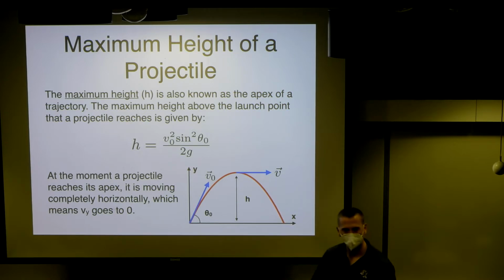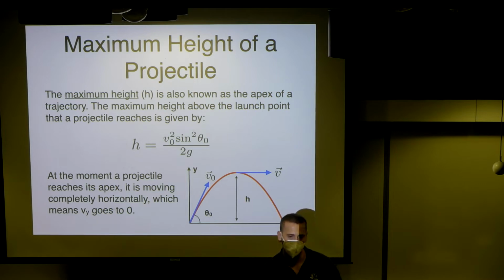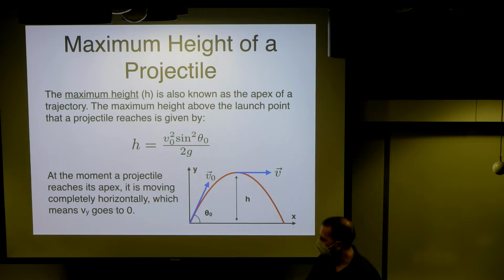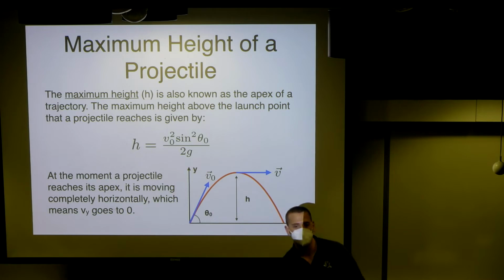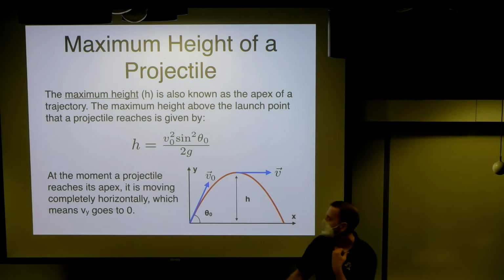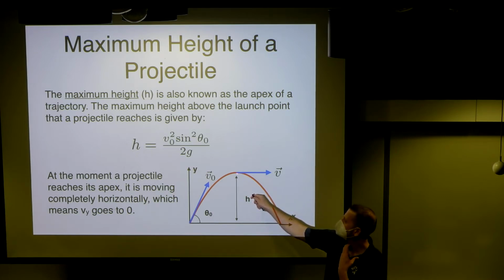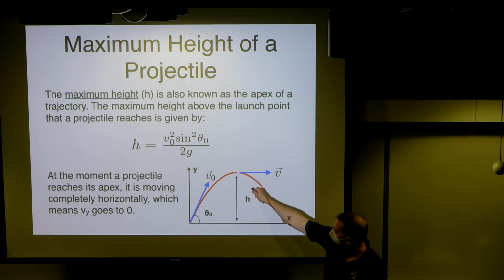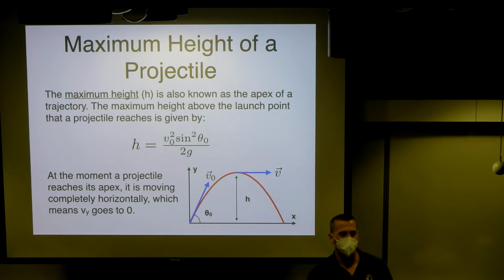And remember, this is something we talked about very early in this lecture. One of the first results we found is that at every point along the trajectory, velocity is just tangent to that trajectory. So in other words, let's take a look at the very peak of the trajectory. If the velocity is tangent to that trajectory, at the peak, it's just pointing completely horizontally.